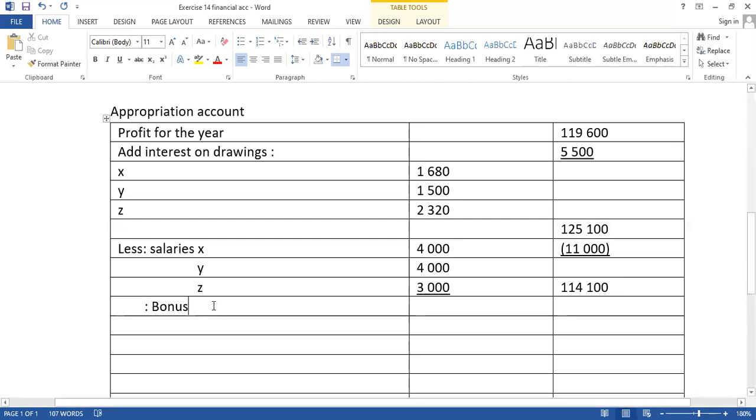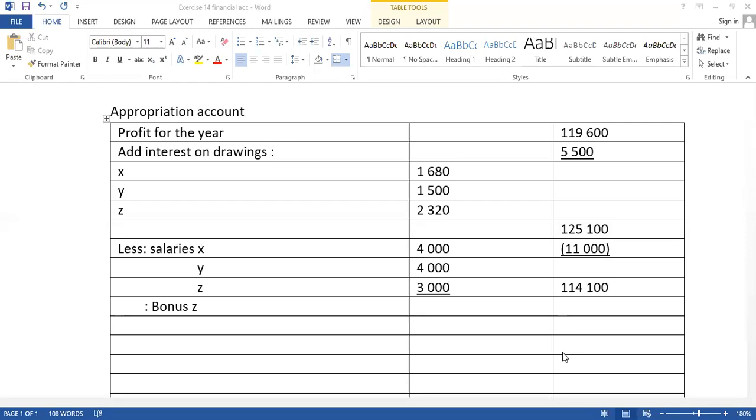Okay. So what is the bonus of Z? We take the profit times 10% divided by 100.